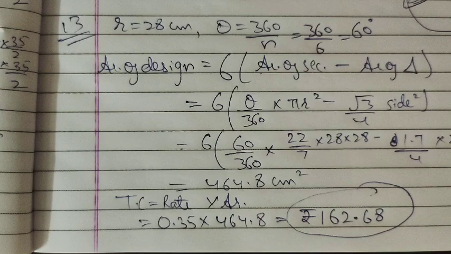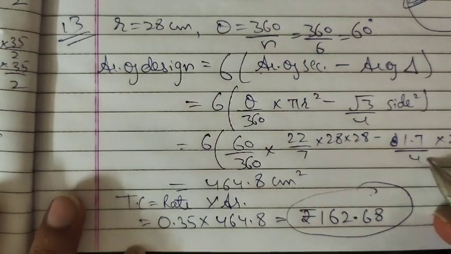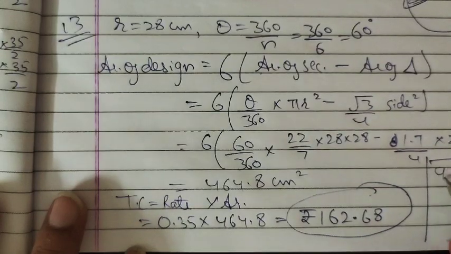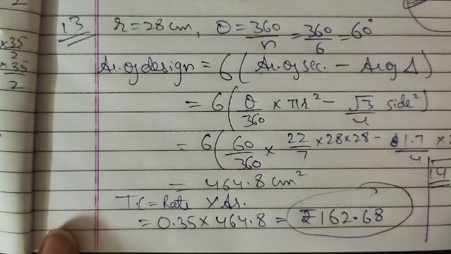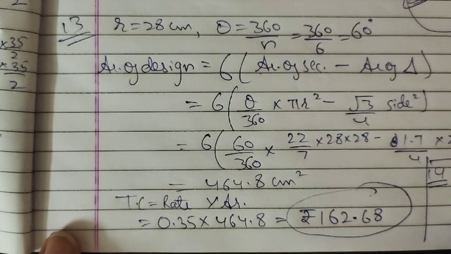Next, question number 14. Area of each sector of an angle P of a circle with radius r. So we know area of each sector with angle P and radius r will be P upon 360 multiply pi r square.